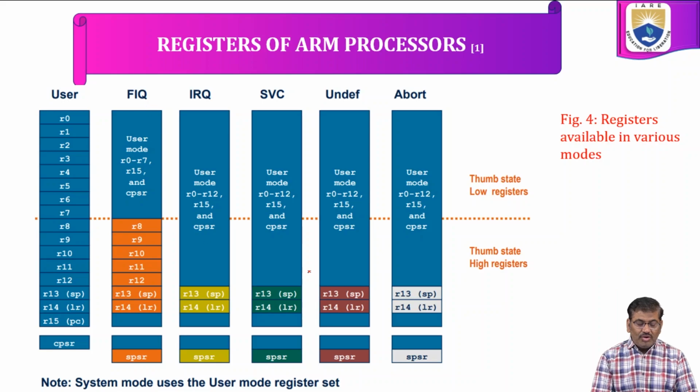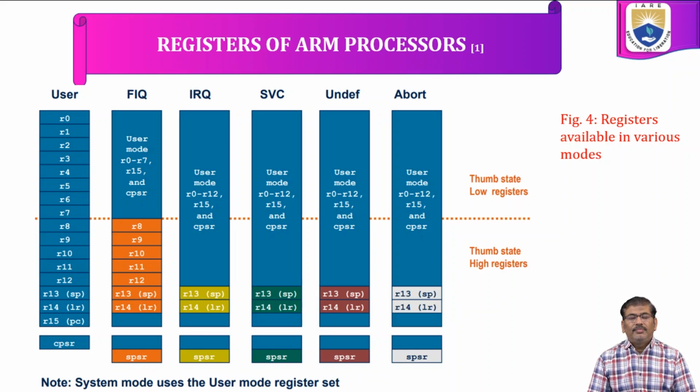Whereas in FIQ mode, R0 to R7 and R15 and the CPSR register. These are reserved registers. Next, IRQ mode uses R0 to R12, R15 and the CPSR register. In SVC mode, R0 to R12, R15 and CPSR are used.